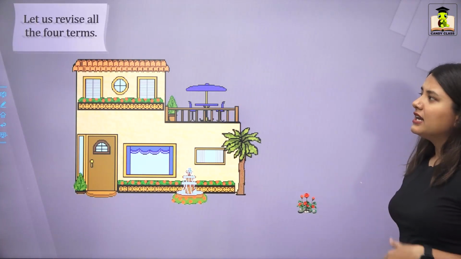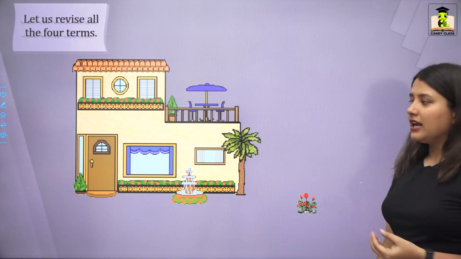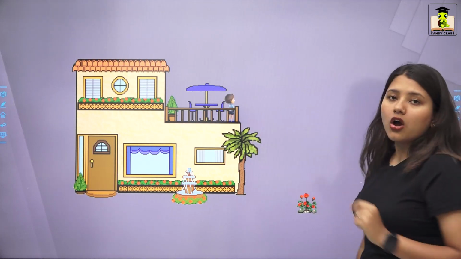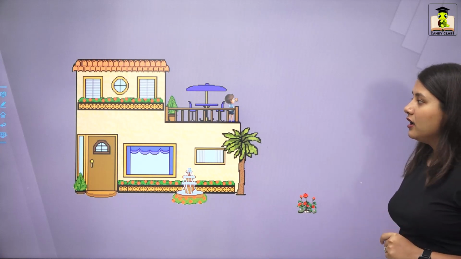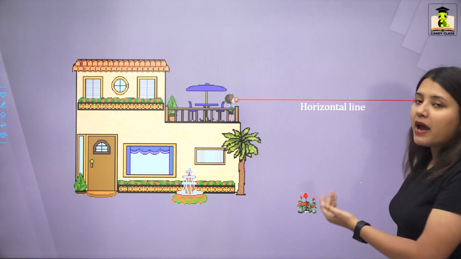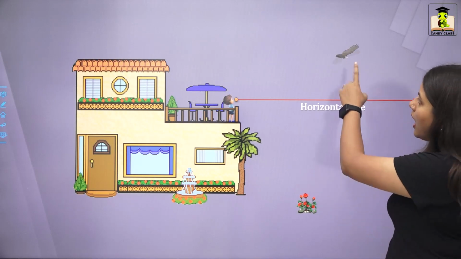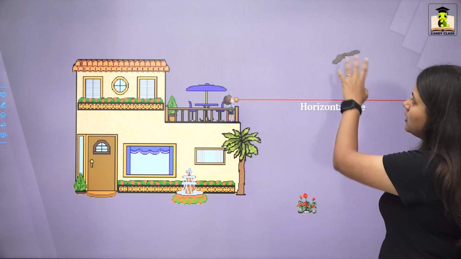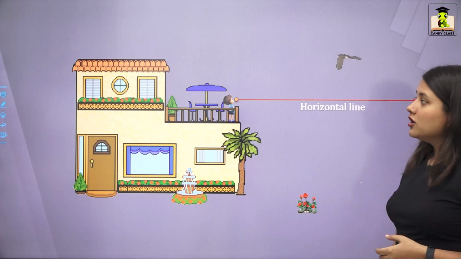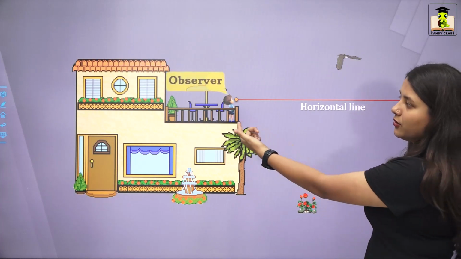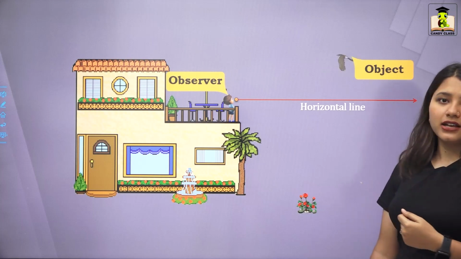Now, let's revise all the four terms in one case. Now Rohan is standing on the terrace and here is a horizontal line which is parallel to the ground. Now, he is looking upward. He is looking at the eagle, that bird. So, the observer is Rohan and the object is the eagle.